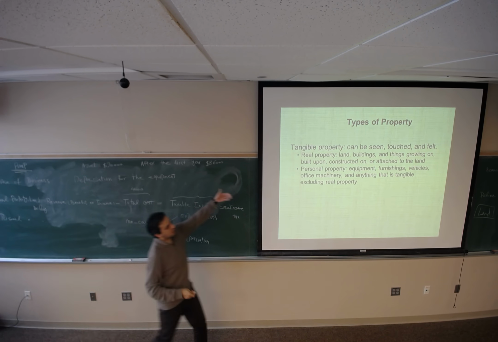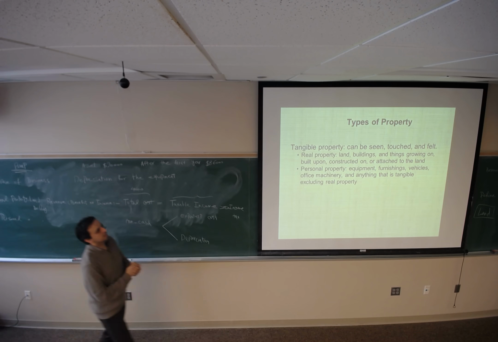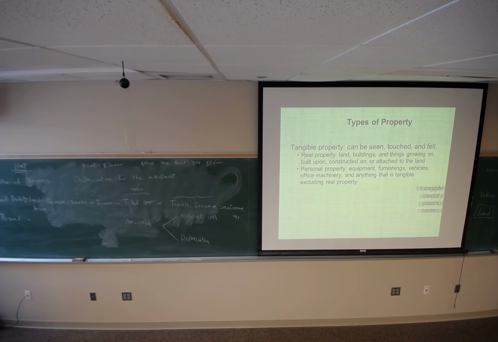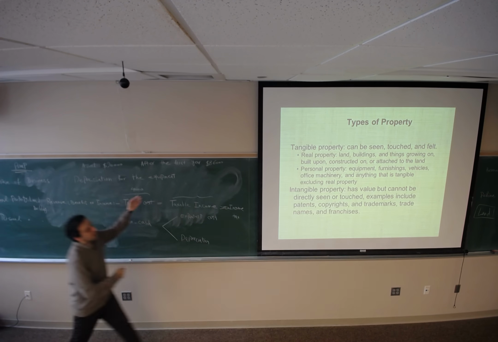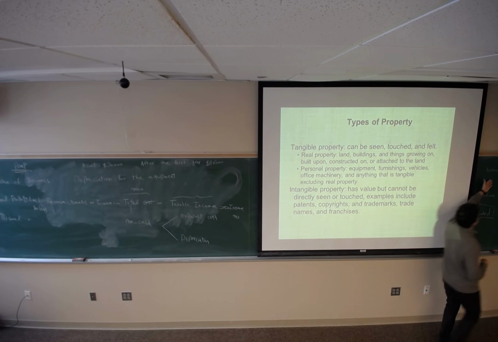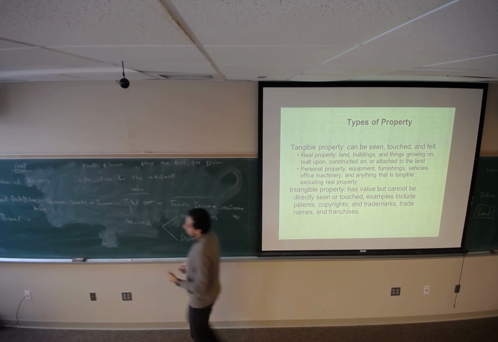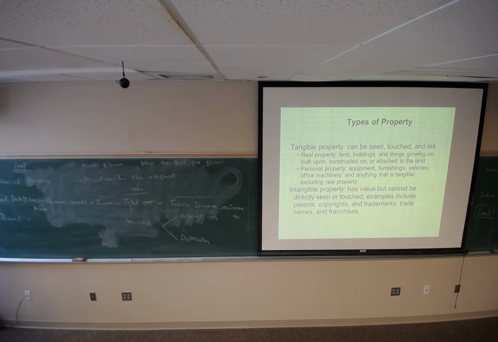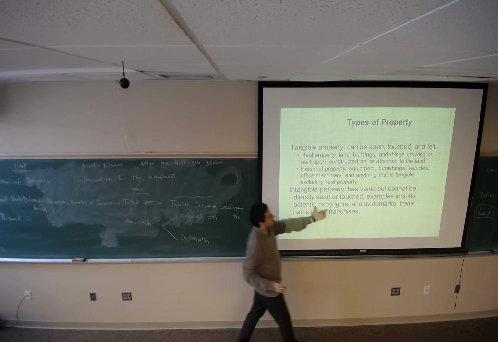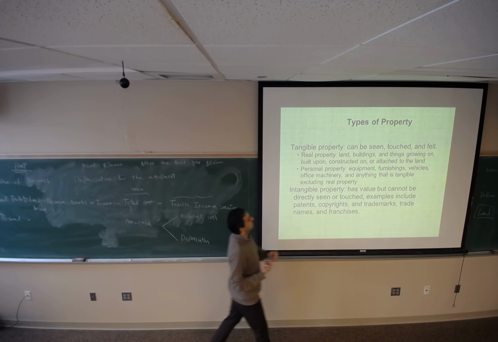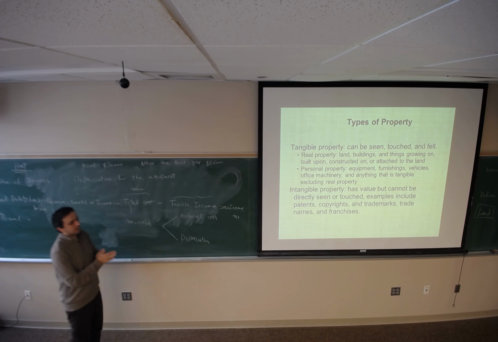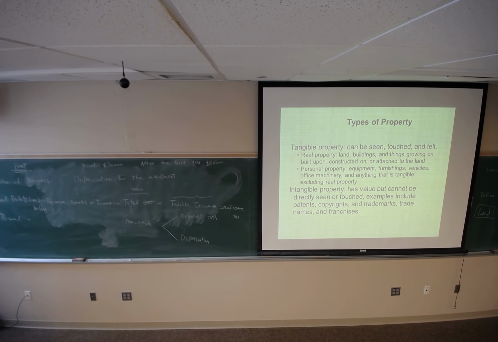These are just simple definitions. The other type of business asset is intangible. They cannot be touched, seen, or felt. Examples would be trademarks, patents, copyright. They have value, but they cannot be directly seen or touched. So these are some examples of tangible and intangible property.